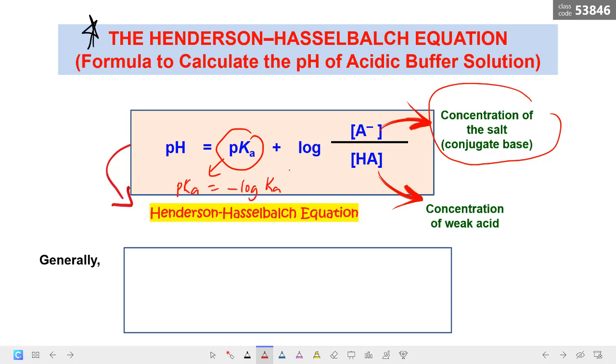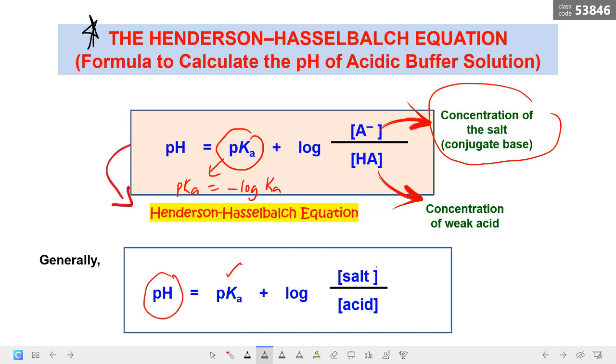And generally, secara umum lah kita boleh katakan apa? How to calculate the pH of the buffer solution? pH equals to pKa plus log concentration of the salt that contains the conjugate base divide by the concentration of the weak acid.